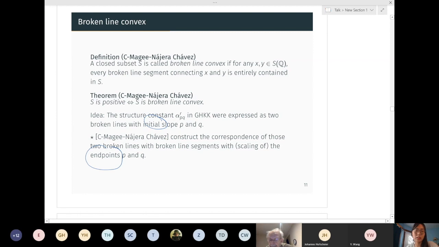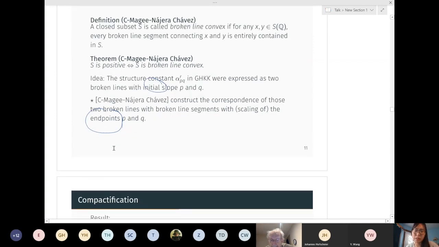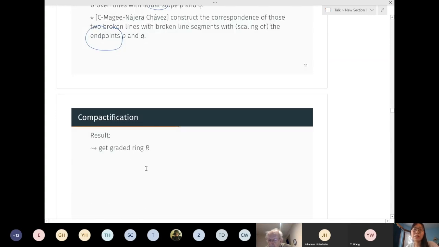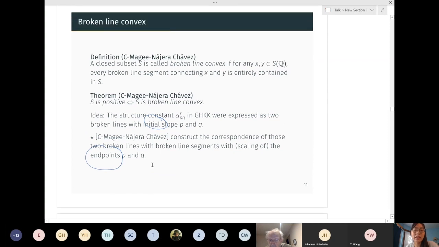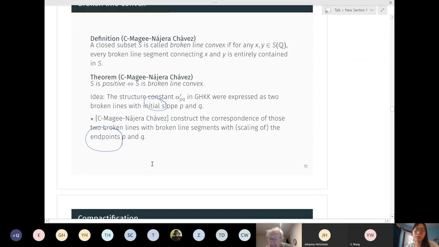This is basically the idea of what the article is about. But the main thing is that having this definition of positive polytope is not easy to use to find a positive polytope, but having this broken line convexity gives you something very combinatorial and very easy to check whether a polytope is positive or not.